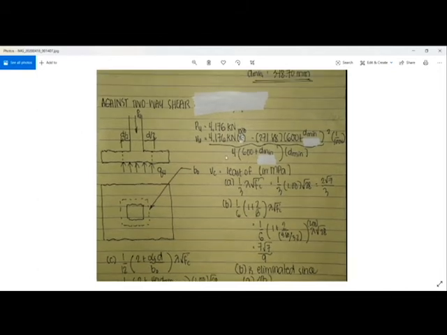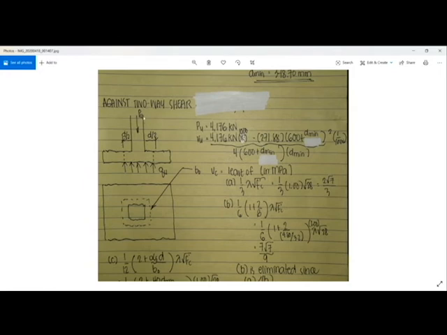And our Vu is just the same, Pu. So we extend d over 2 from the faces of our column.